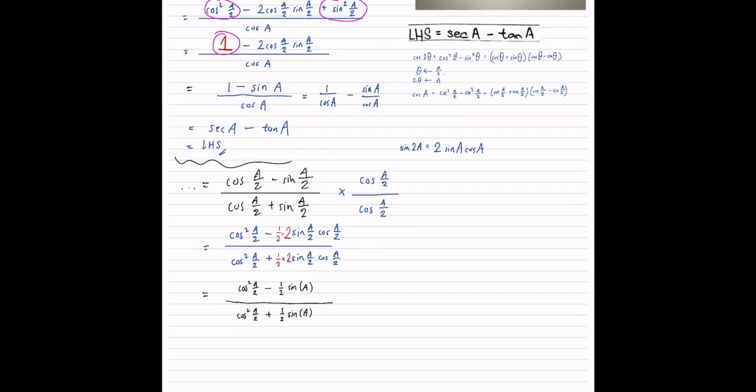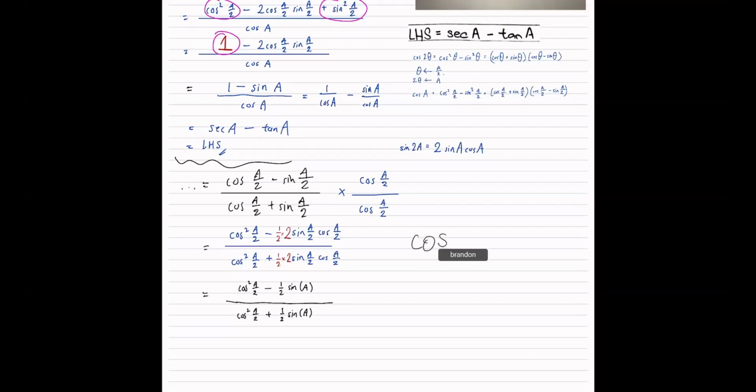When you think about the original function, there's no square. At the eventual result we want to reach there is no square, but here we have a square. So wouldn't it be nice if we can reduce the power? Yes, okay, power reduction.